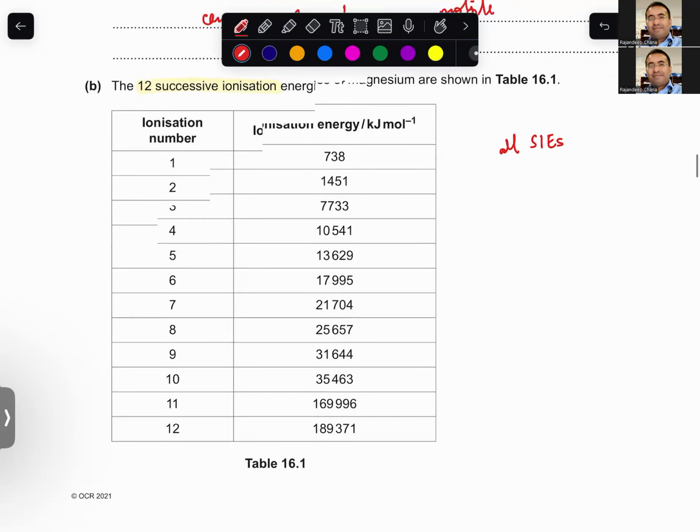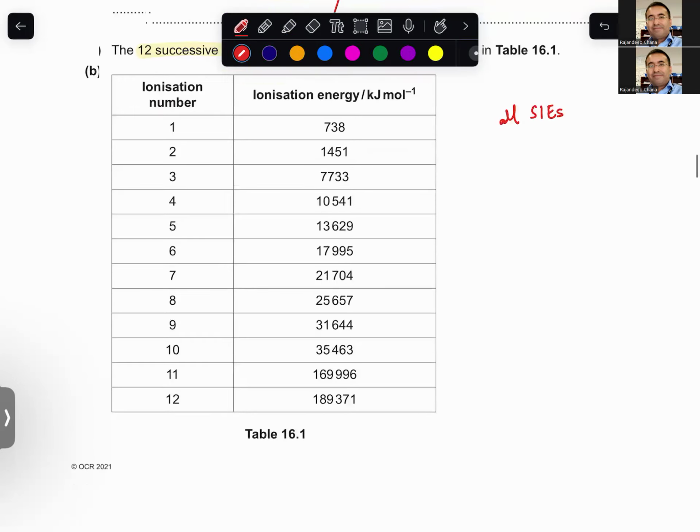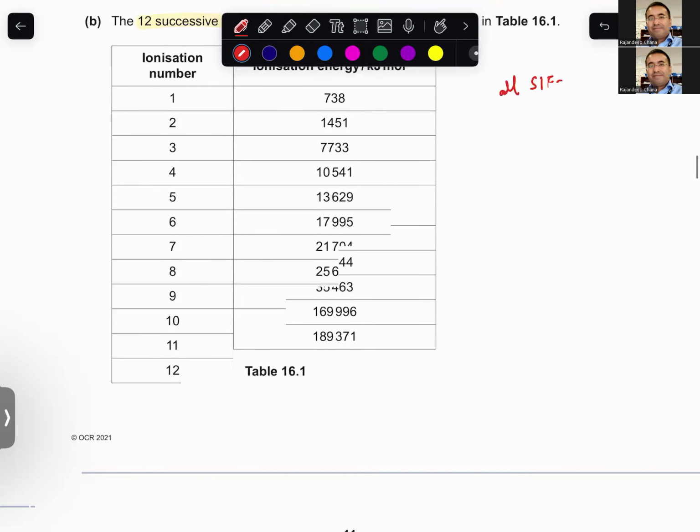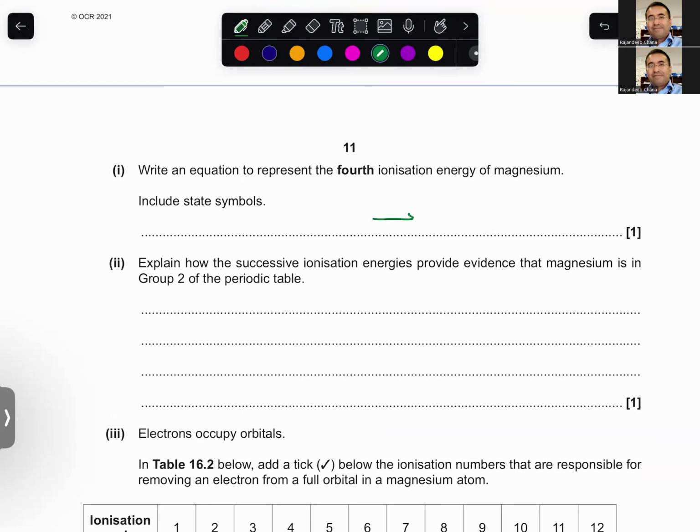Let's have a look at the question. Write an equation to represent the 4th ionization energy of magnesium. Whether it's the 3rd, 4th, 5th, whichever ionization energy it is, that's the ion that's forming. So in this case, it's the 4+ ion, and 1 electron is removed because it's successive.